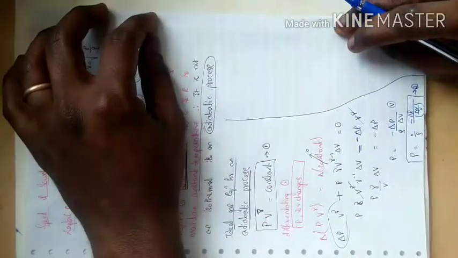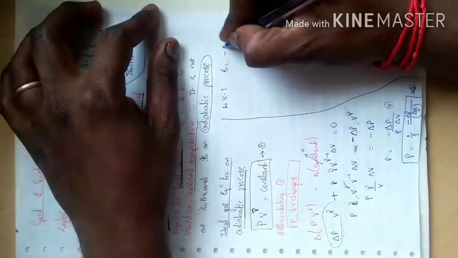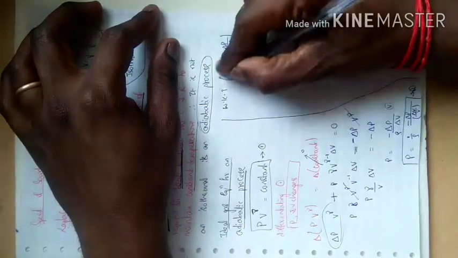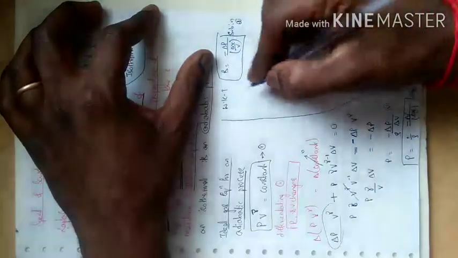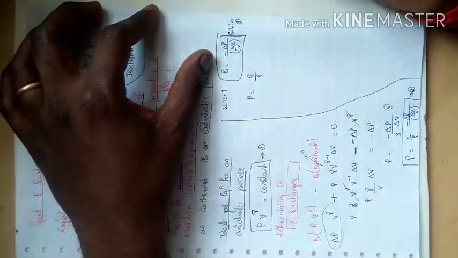Is that clear? Now coming to the point, we know that bulk modulus B is denoted as minus delta P by delta V by V. Substitute in 2. Then what happens? P is equal to B by rho. Am I right?